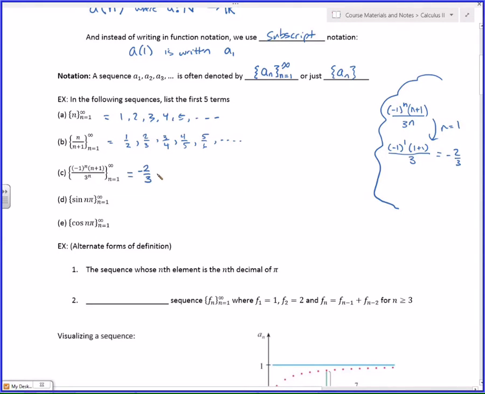Now on top, I'm just adding 1 to whatever my n is. So on my second term, I know I've got a 3 up top and a 3 squared on bottom, which is 9. But what happens to the negative 1 now? Negative 1 to the second is positive. So what is that thing doing? What is negative 1 to the n doing to the terms?